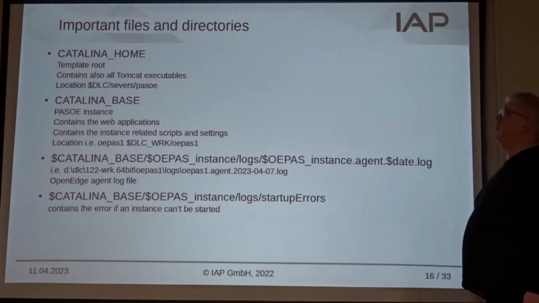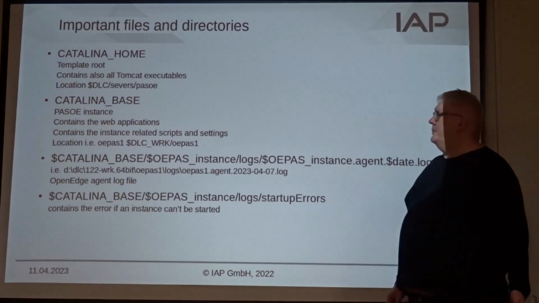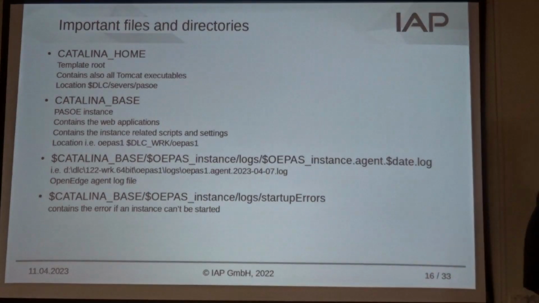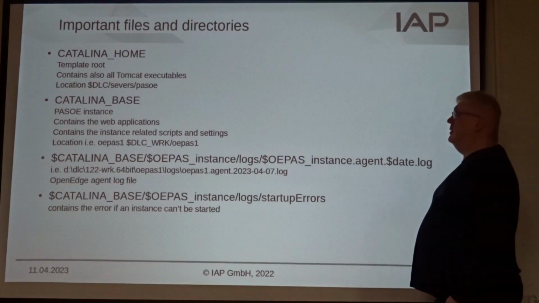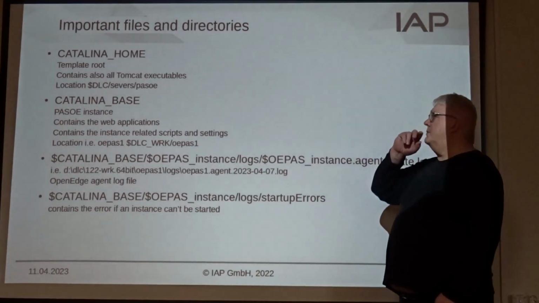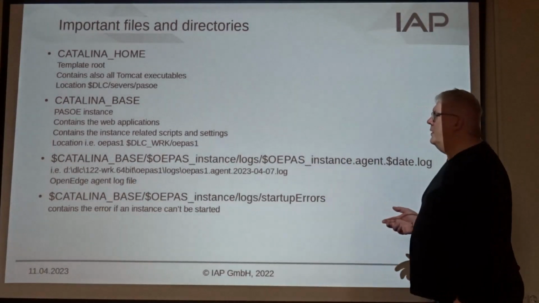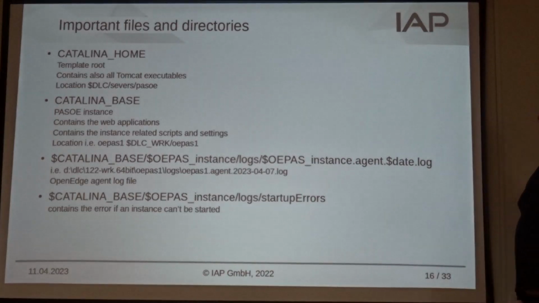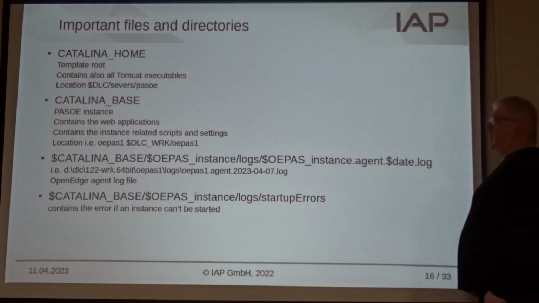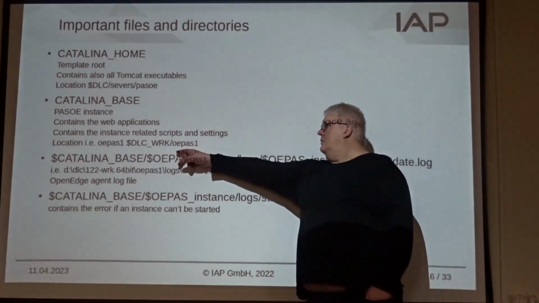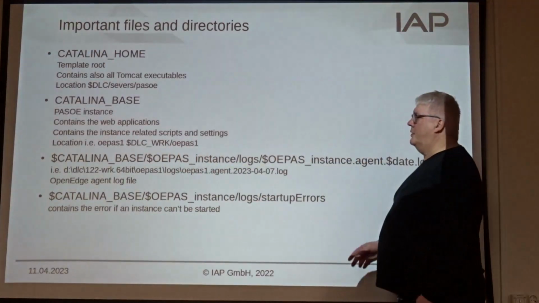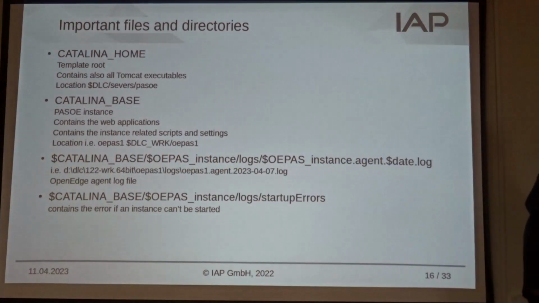Catalina base is your instance. It contains your web application and all settings and scripts and so on. In our case, what I want to show is in DLC work and then in OE plus one.